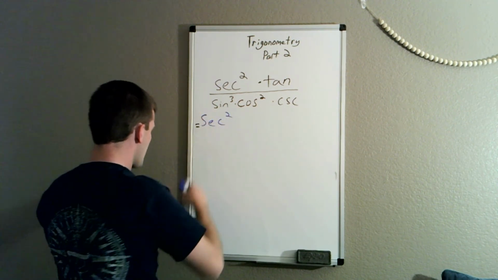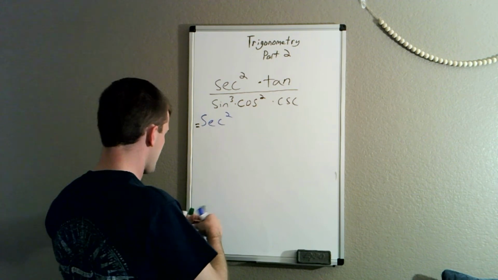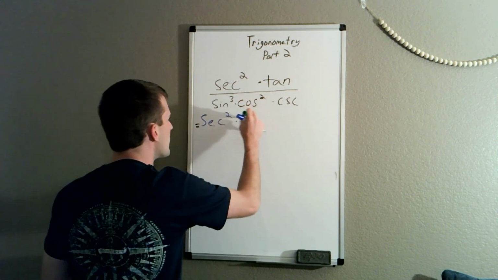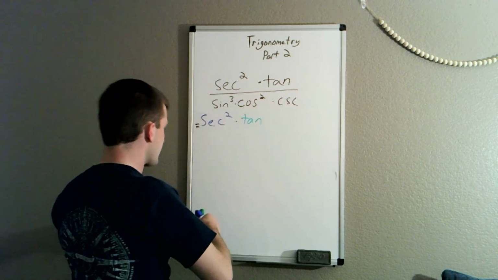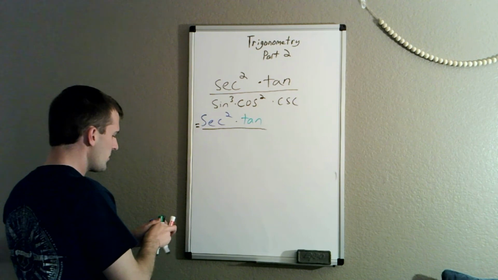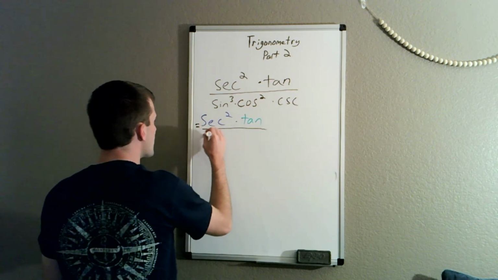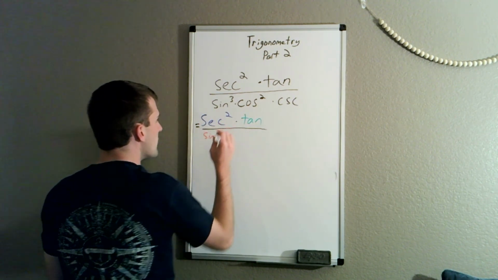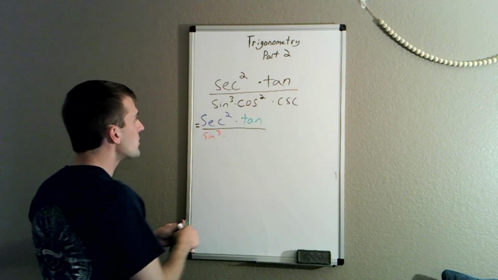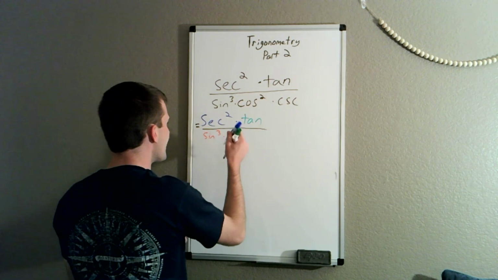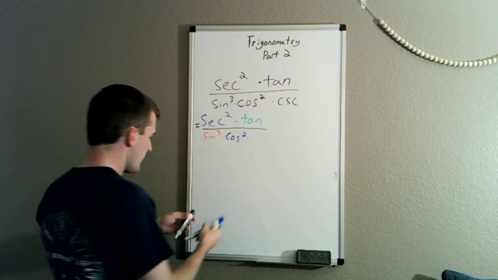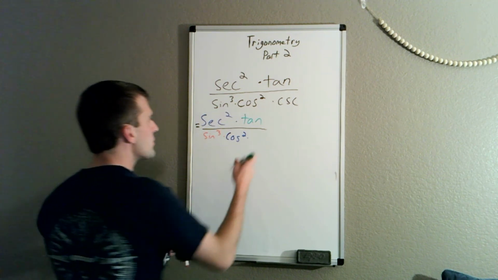So this is all going to be equal to secant squared times, we'll do tangent as green, divided by, we'll do sine cubed as red, and cosine squared, I guess we'll do blue again. And lastly, cosecant, we will do green.